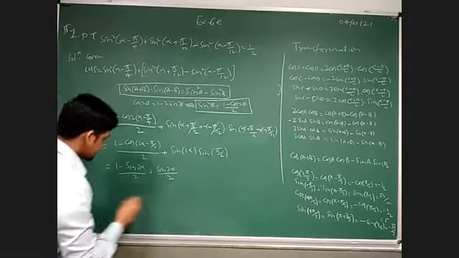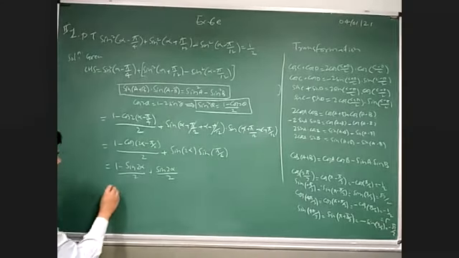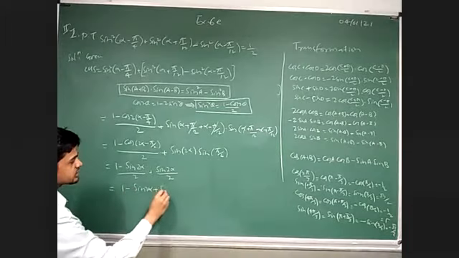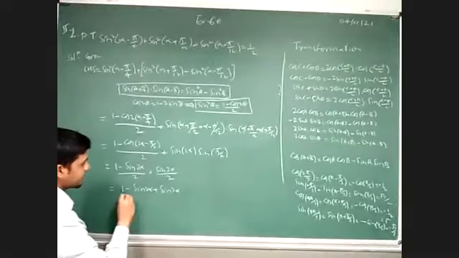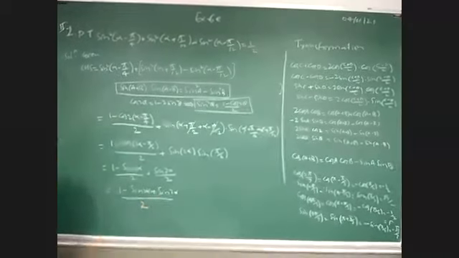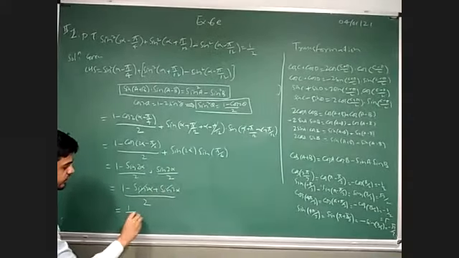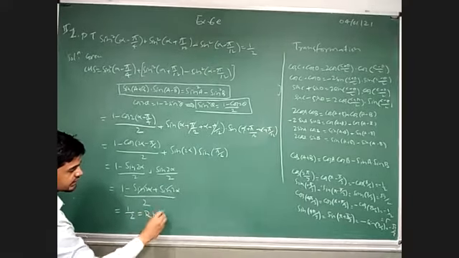Now just take the LCM. You will have (1 − sin 2α + sin 2α)/2. These two things will get cancelled. So here I will have 1/2, that is the right hand side.